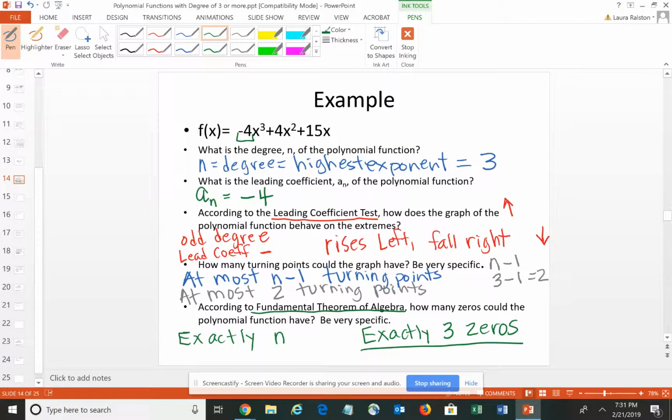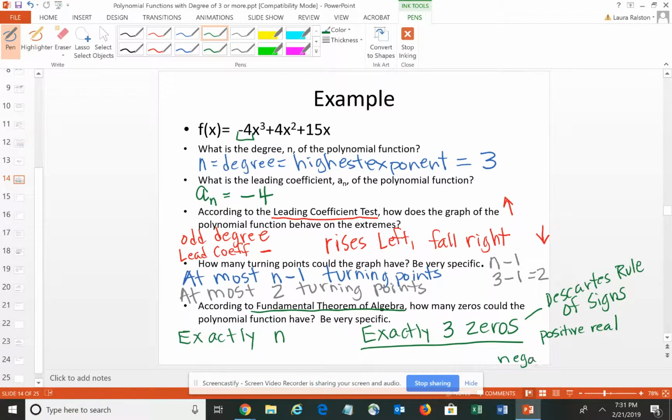So I can go off over here to the side and use Descartes' rule of signs to help me decide. I can determine how many of them are going to be positive real, and how many are going to be negative real.